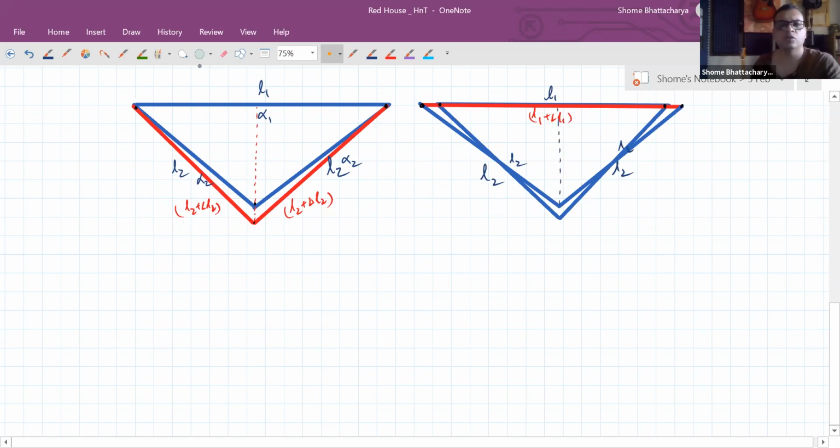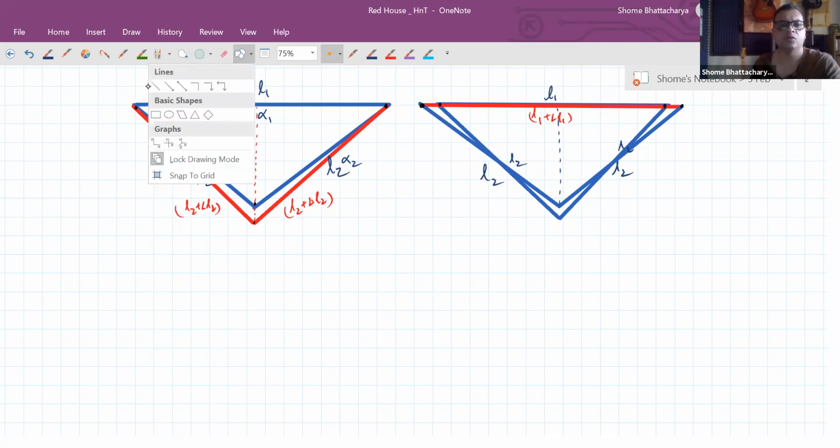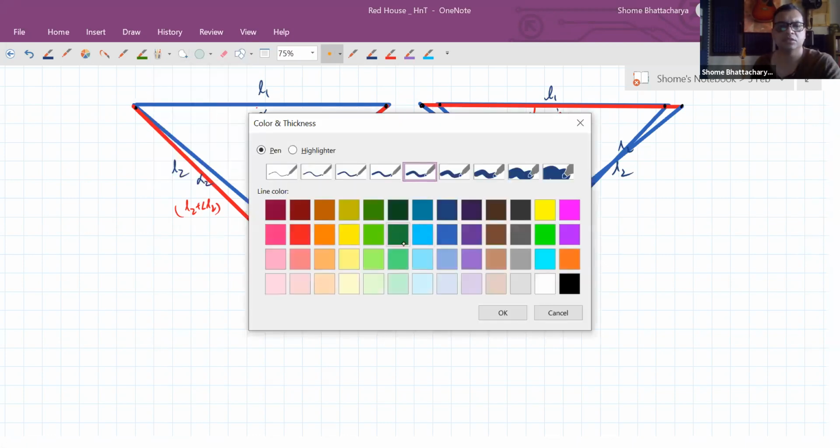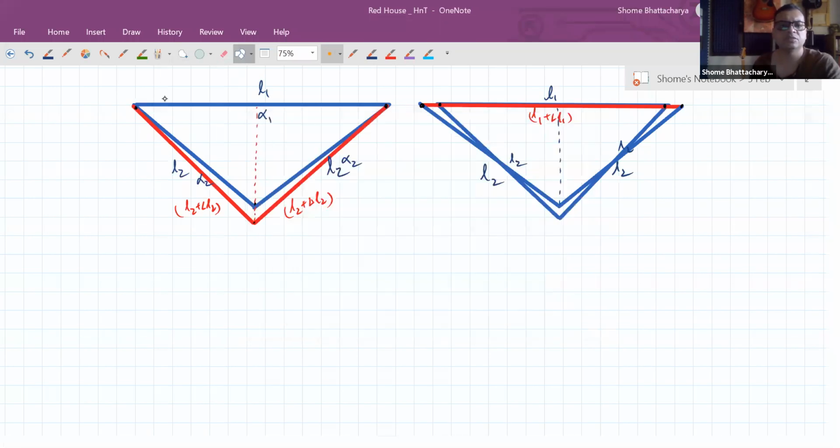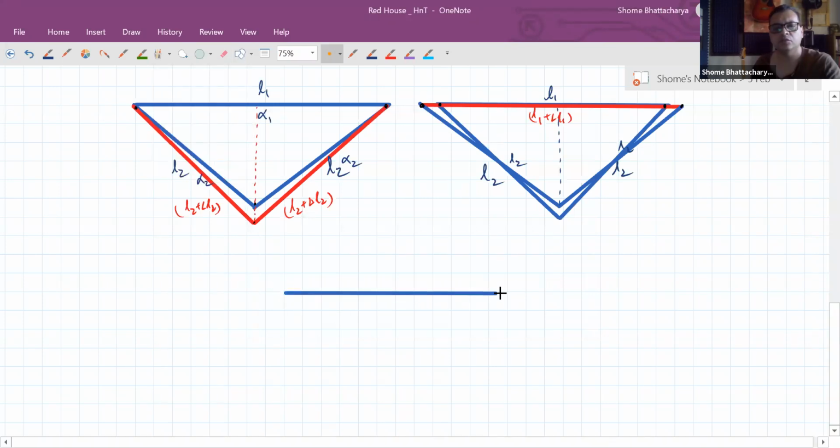But what we want is that when all three rods' temperature is changed, all three rods stretch, but in such a way that the altitude does not change. So this is the situation that we are looking for.